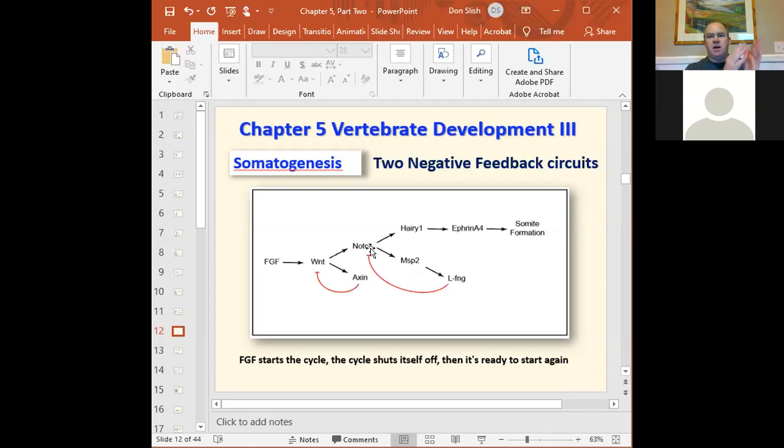So basically FGF is there, it activates all these downstream events, and these downstream events shut themselves off. And then once they've shut off, they cycle back to responding to Wnt and starting over again. So you've got this cycle of activation and shutting off, and that's our clock.